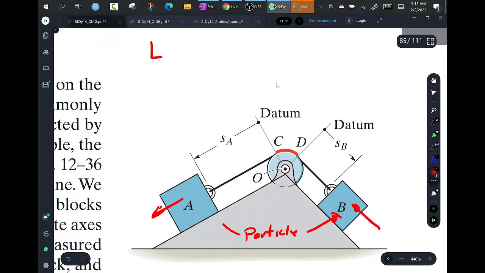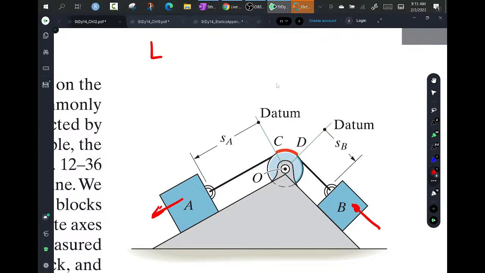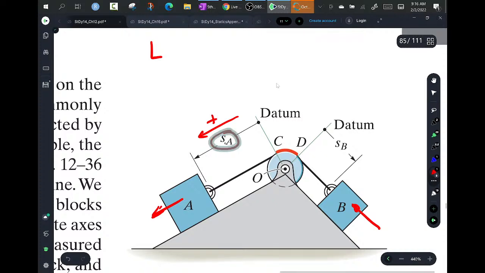Think of that as a particle, and this is a particle. So you don't have to have the same datum for each particle, but you have to have a fixed datum, and then you have to draw a vector to the particle or mass, and then come up with a label.